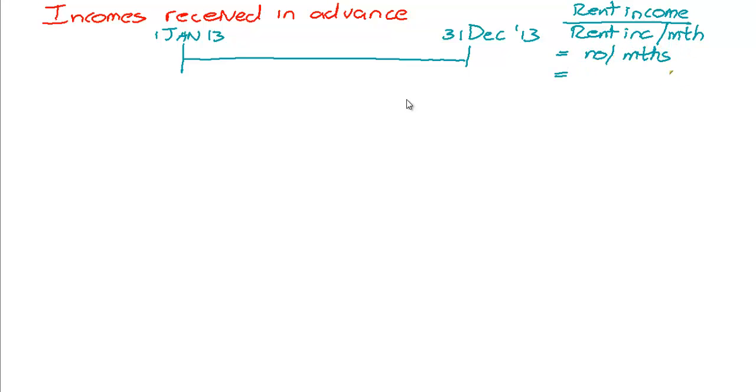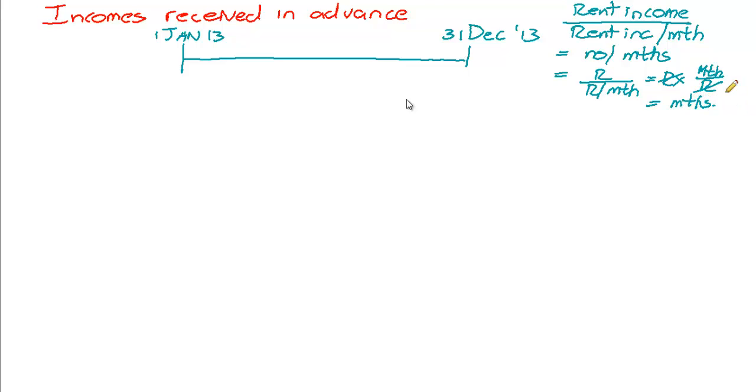How do I know that? Rent income at the top is going to be rands, and rent income per month at the bottom is going to be rands per month. You remember from your fraction rules in mathematics, rand divided by rand per month can actually be written as rand times month over rand, which is going to cancel. Those two are going to cancel out, and I'm going to be left with months.